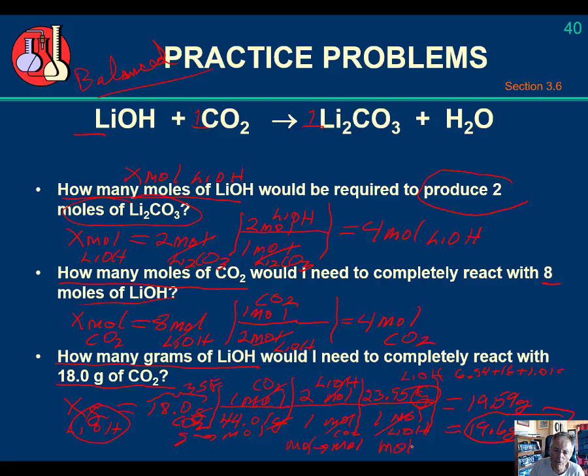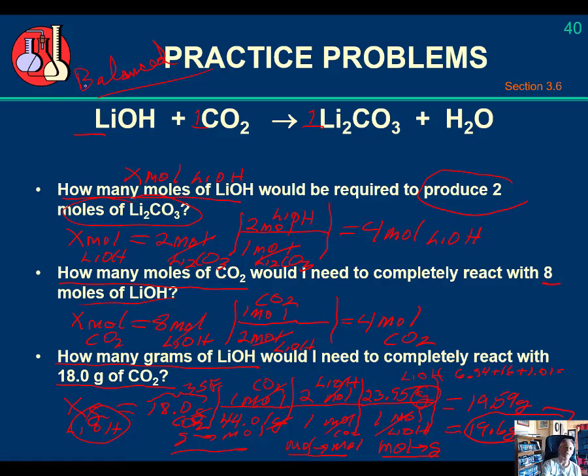Okay, so let's just take a look at everything we've done here. We went from grams to moles, mole to mole ratio, and then moles to grams. How do you convert grams to moles? Divide by the molar mass. Then you have the mole to mole ratio, which are just the coefficients from the balanced chemical reaction.